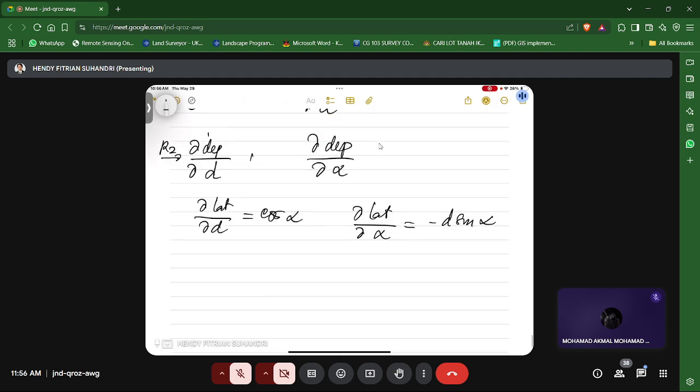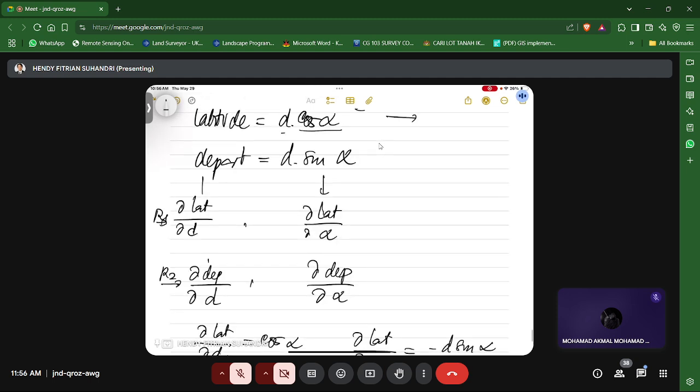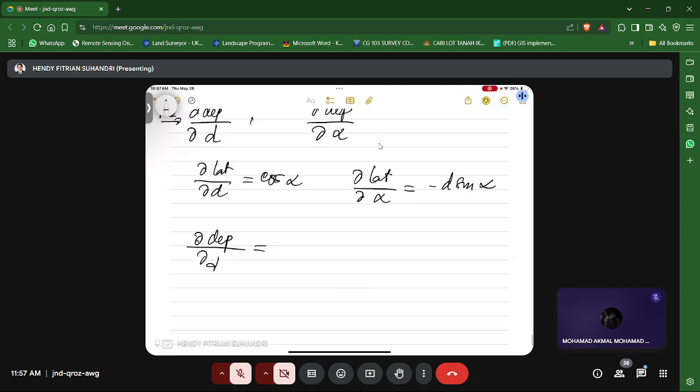Yang untuk row kedua, dou departure over dou D. Turunkan departure ni terhadap D. Apa? D kuasa 1 menjadi 1. Tapi kita memiliki sin. Sin ni kita treat sebagai koefisien. So sin alpha. Kemudian apa?